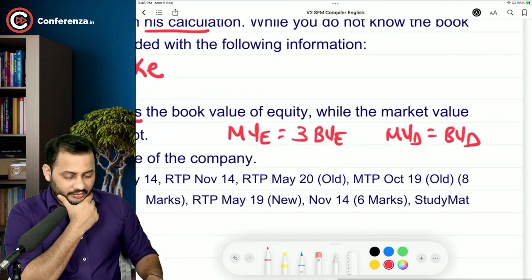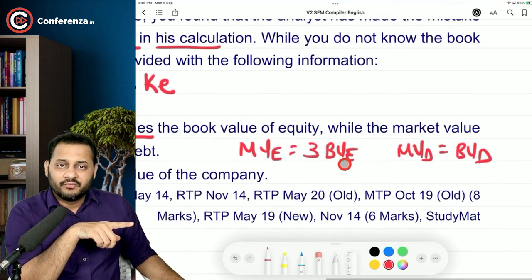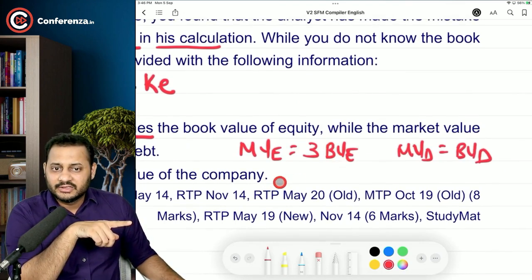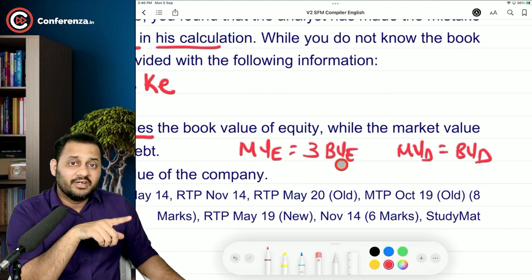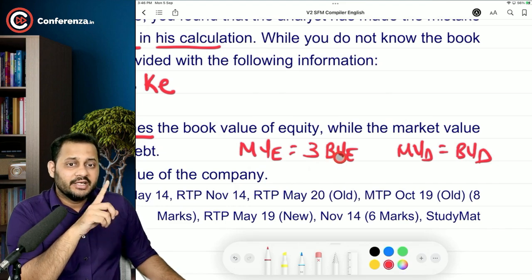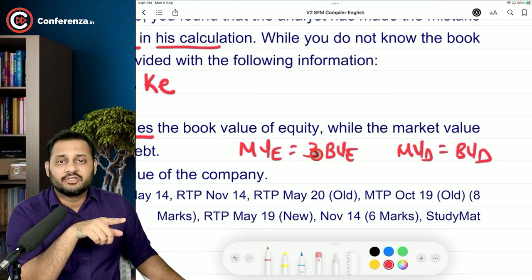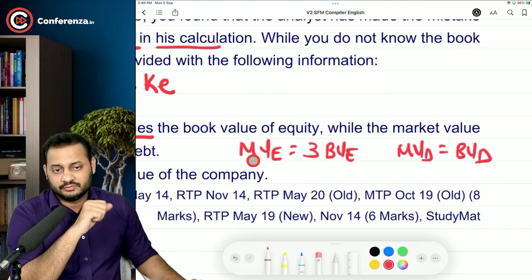Now what happened? We took the book value of debt and the book value of equity while calculating the WACC, instead of taking 3 times the book value of equity, which is the market value.